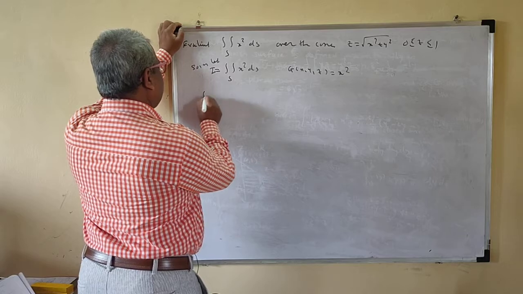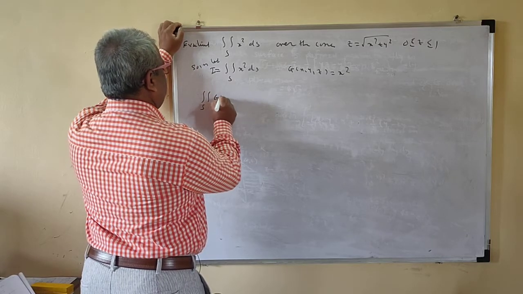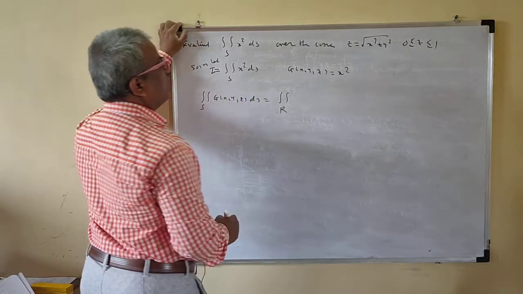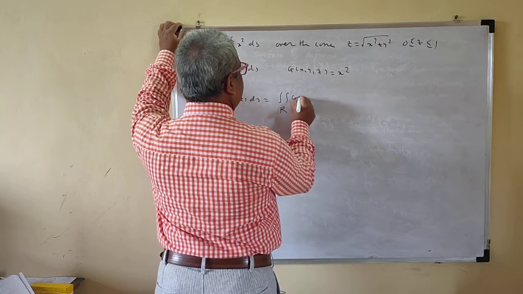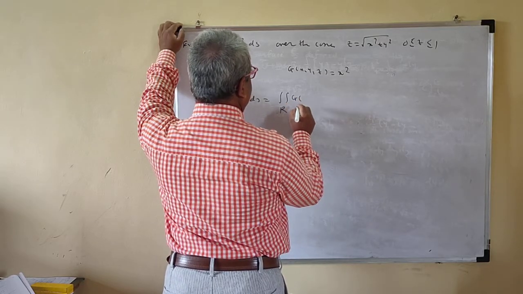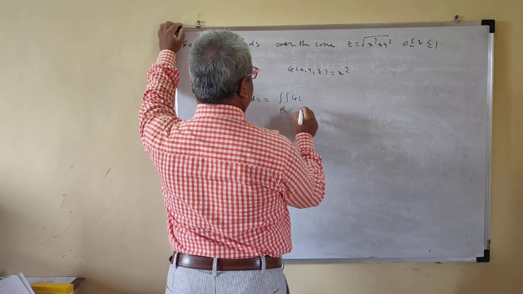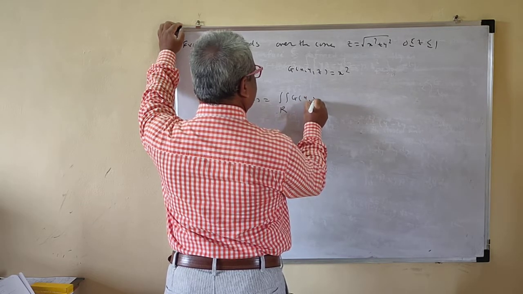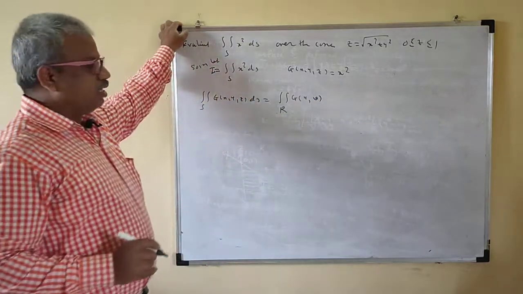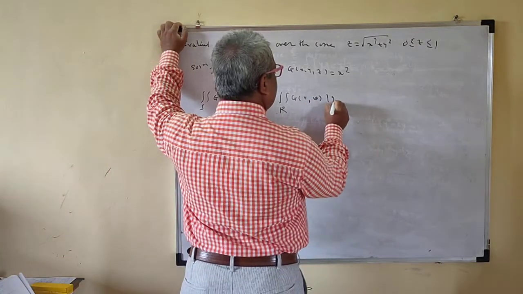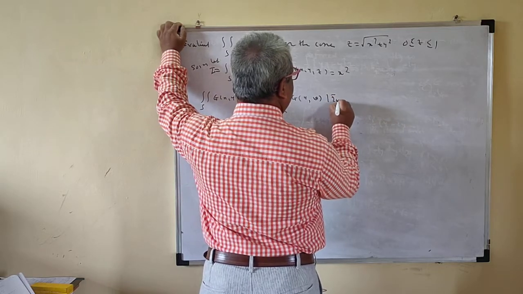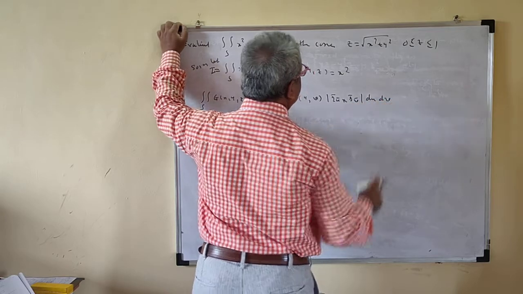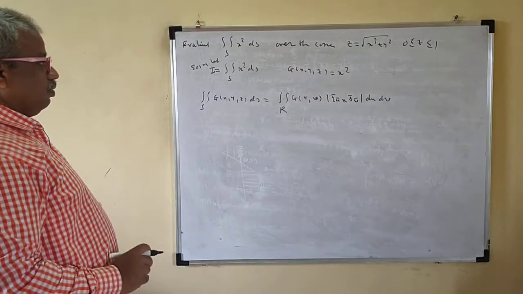So what we will do? We'll use this formula: g of x y z dS is equal to double integral over R of g of u v, we'll write g in terms of u and v, times the magnitude of r bar u cross r bar v du dv.